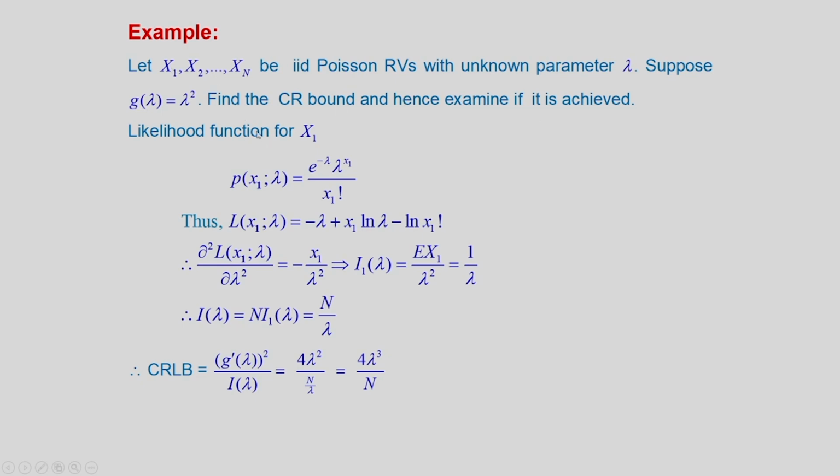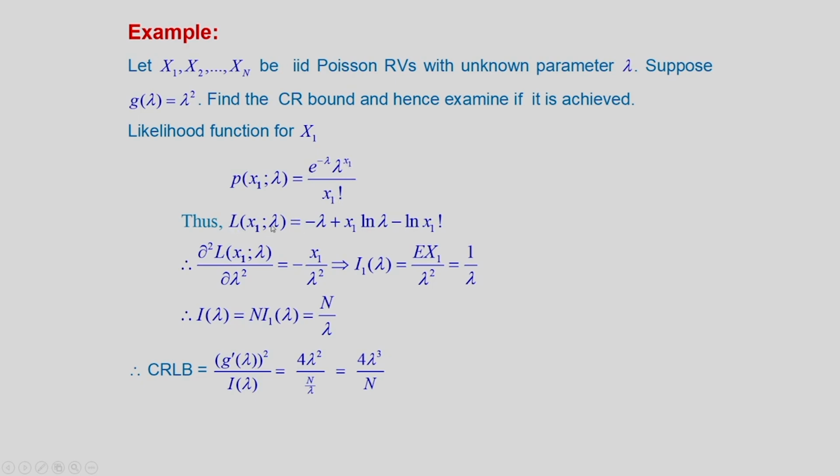Now, the xi's are IID. We will find the likelihood function of x1, that is the PMF P of x1 as a function of lambda, equal to e to the power minus lambda into lambda to the power x1 divided by factorial x1.